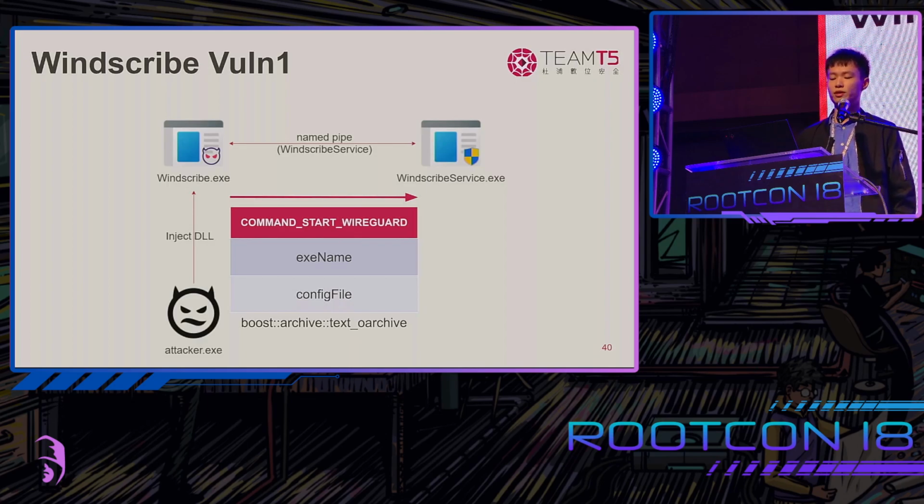It takes parameters, exe name and config file, which are intended to specify the WireGuard executable and configuration file. The NamedPipe client serializes these two parameters using the Boost archive library in C++ and sends them to the NamedPipe server. Let's see what issues arise from this operation.